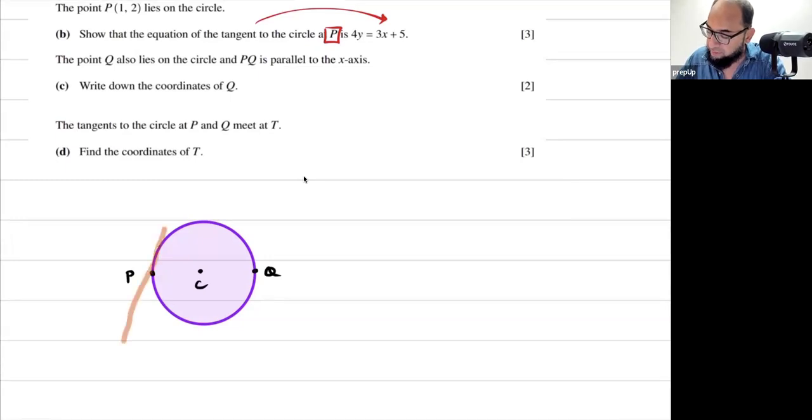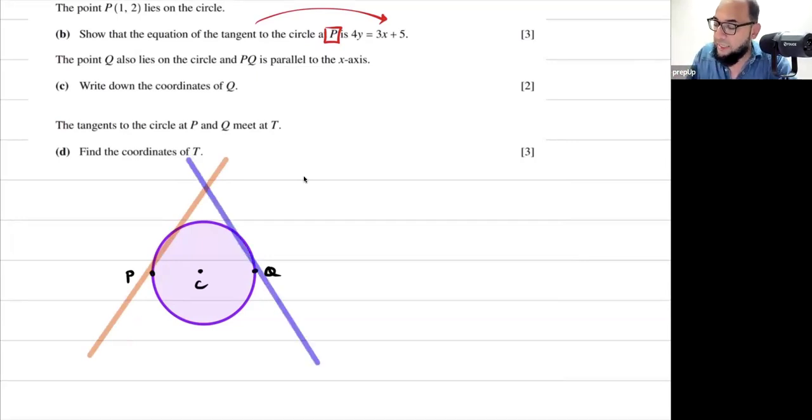Let me draw another tangent going like this. Now the rule is, this angle of inclination, if this is theta, then this is also theta. If this has a positive slope, this has a negative slope. That is the rule that we need to apply.